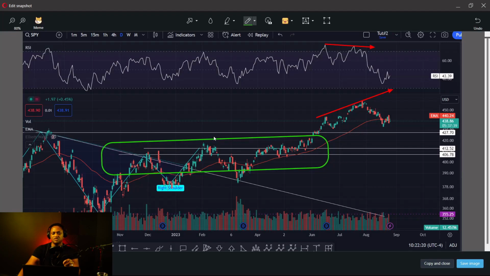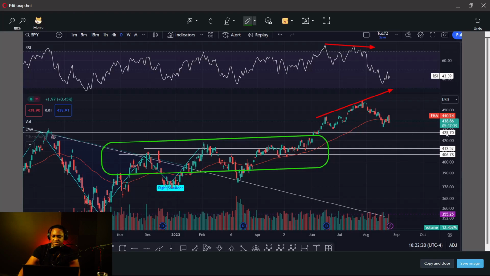Now, the daily time frame is somewhere between day traders and swing traders. This is the lowest time frame that we use to identify the major trend. On the daily time frame, I can clearly see that this zone right there is very important for me, because in this zone we're going to have some reaction somewhere here.